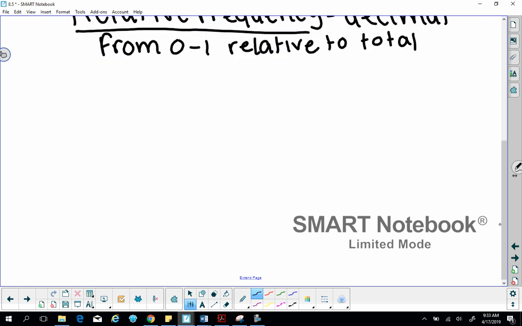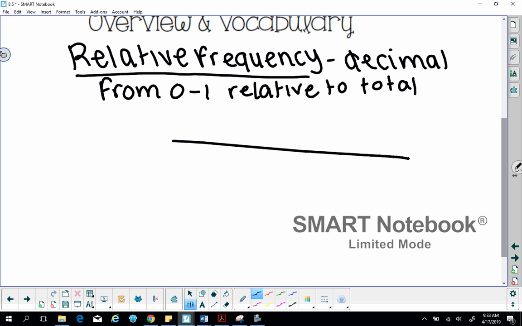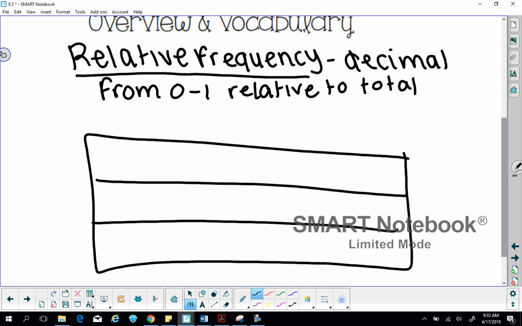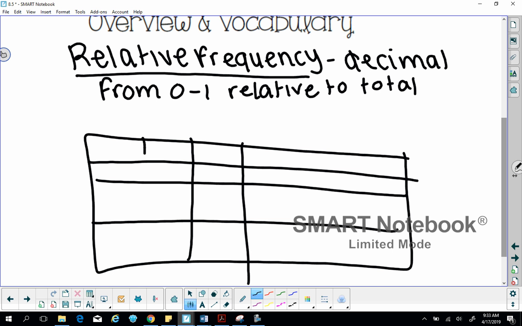So right below it, what I want you to do is draw that same table that's above it. So I think there's like 3 right here. Yeah, you're going to actually draw the table. So like this. There should be 6 right here.